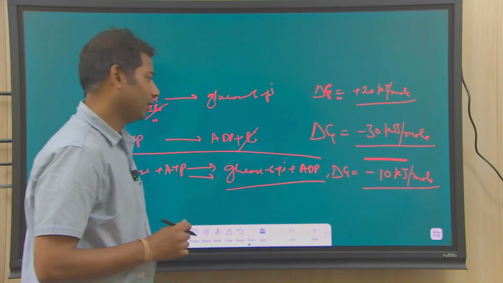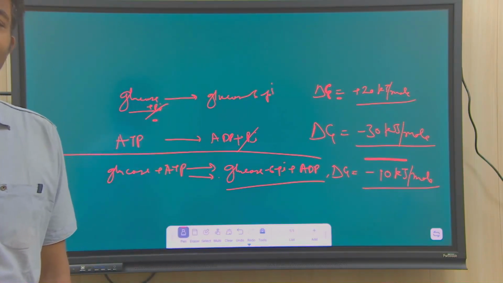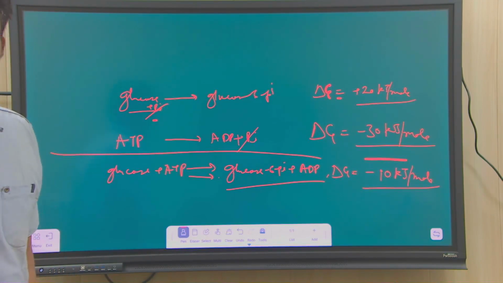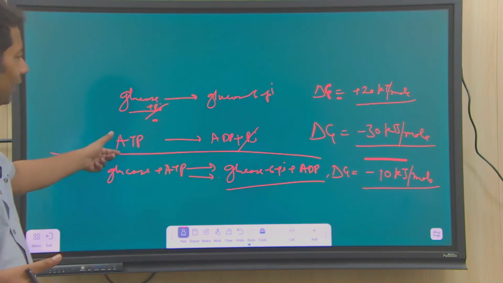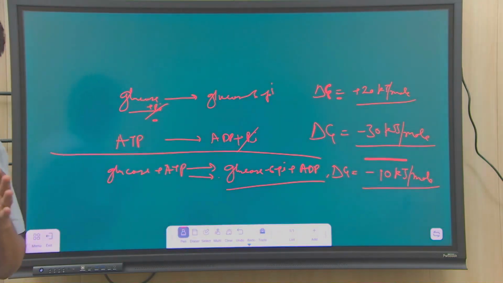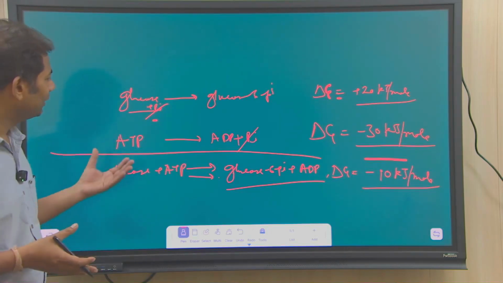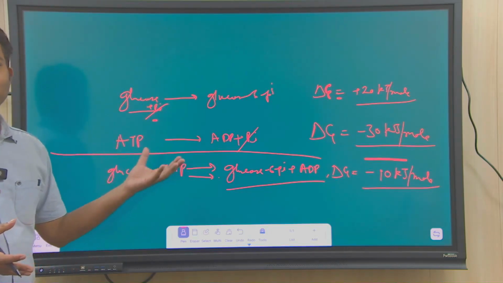So this non-spontaneous reaction was made spontaneous in a living cell by just coupling it with a high energy phosphate hydrolysis reaction. So the cell performs all its reactions, all anabolic types of reactions which are not feasible outside a cell, by coupling them with high energy phosphate hydrolysis.